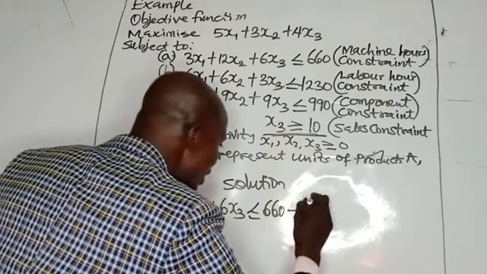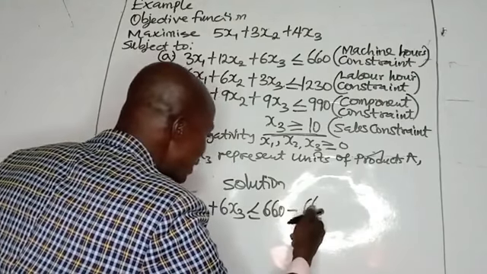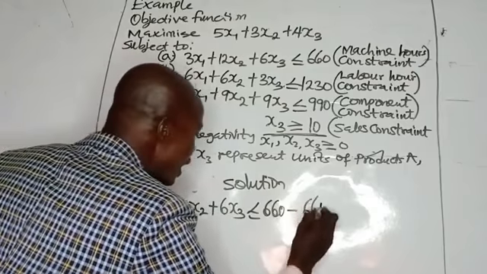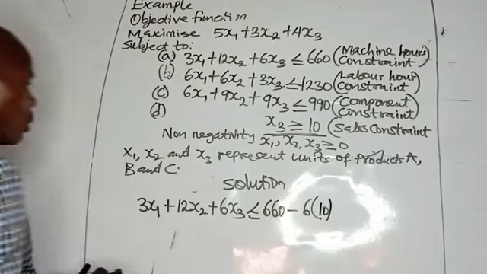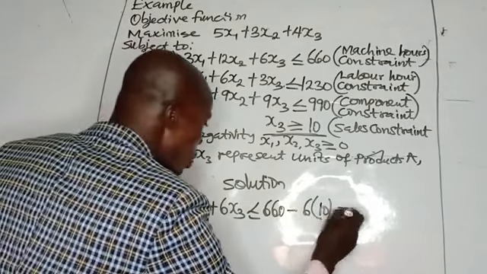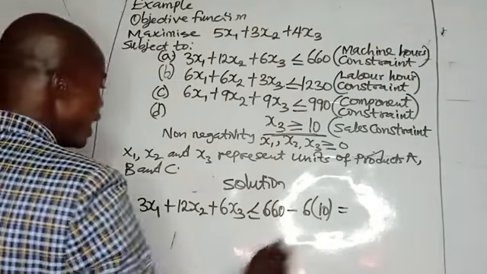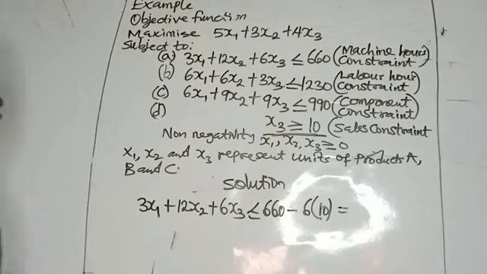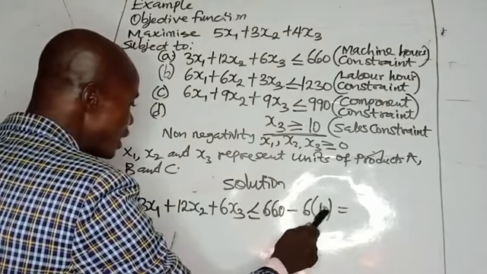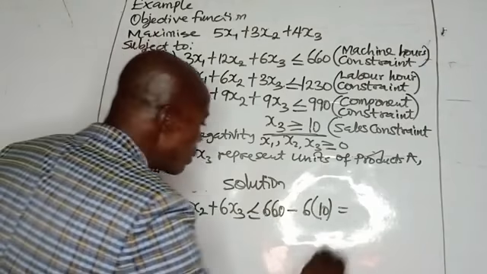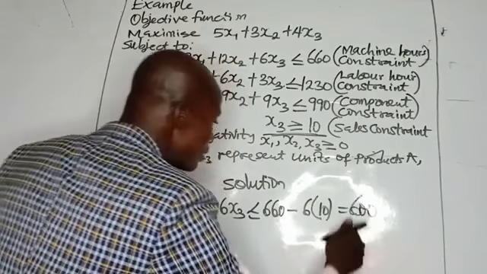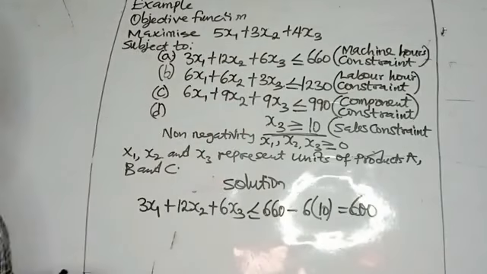So minus 6 multiplied by x3, and our x3 is 10. So this equals 6 times 10, which is 60. If you subtract 60 from 660, you'll be left with 600. That means the constraint becomes 600.